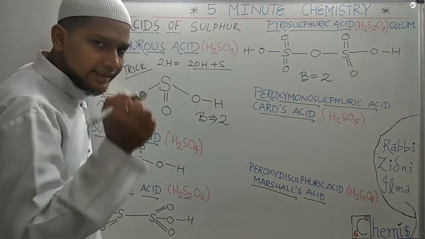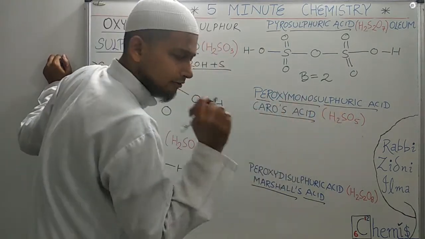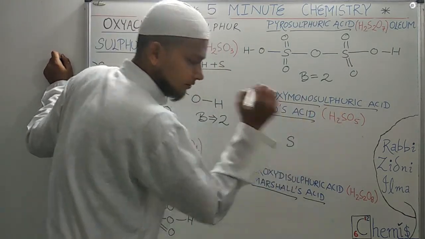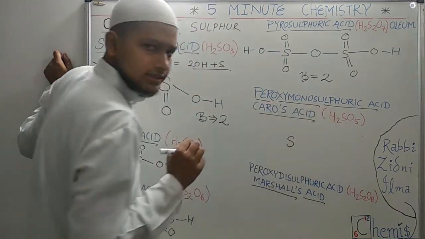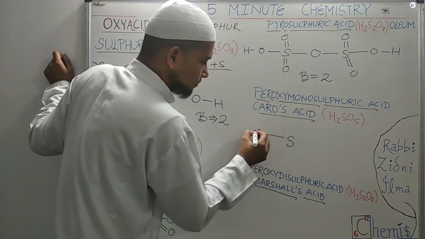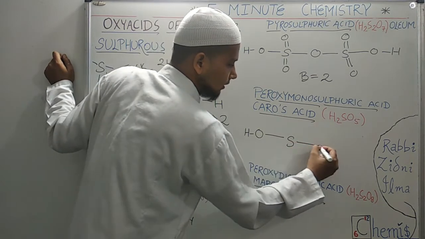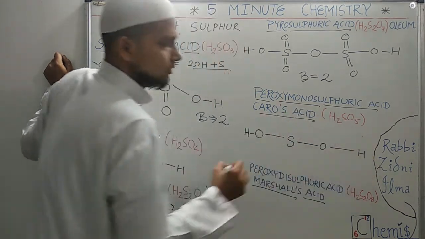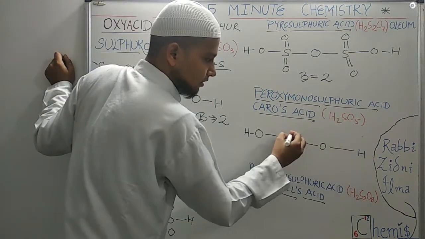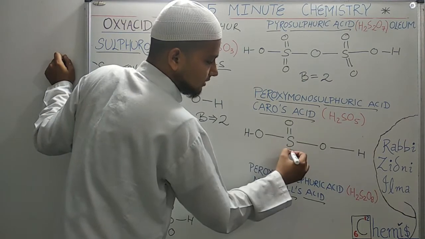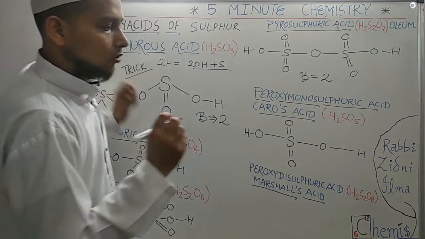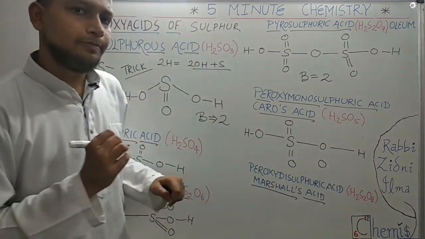Now moving on to the next case, we have H2SO5. H2SO5, sulfur in the center, 2 hydrogens, there will be 2 OH group, 1 OH and 2 OH. Now 3 oxygens are left, that will attach in the form of double bond. Now what to do with the 3rd oxygen?